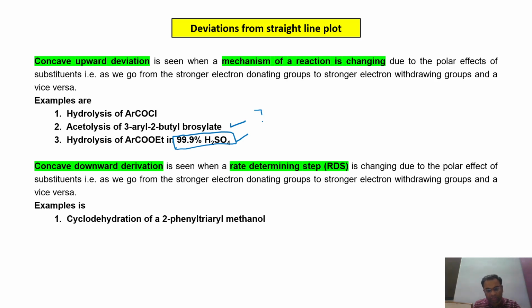All these three reactions show the concave upward deviation, which indicates that the mechanism of reaction is changing as we move from the strong electron withdrawing group to the strong electron donating group. Thank you.